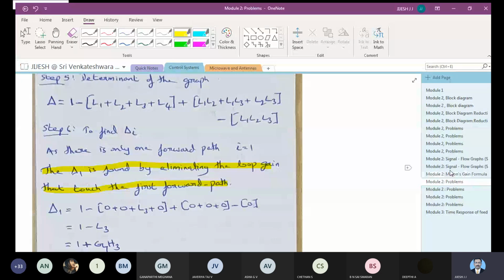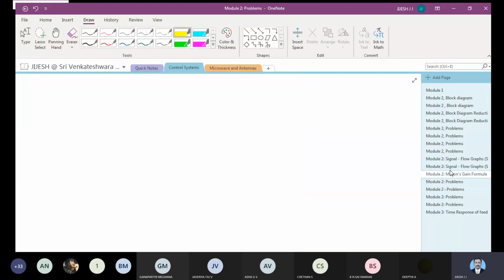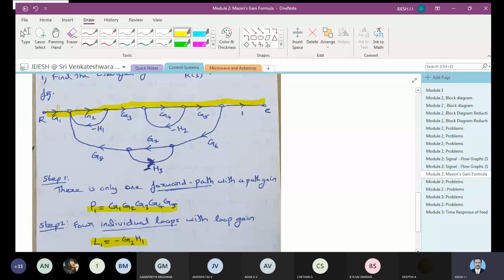So L1 will get eliminated, L2 will get eliminated, L4 will get eliminated. You will be left with only the one which is not touching this forward path.